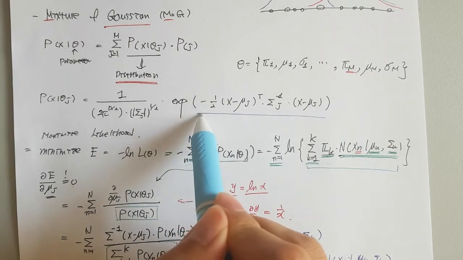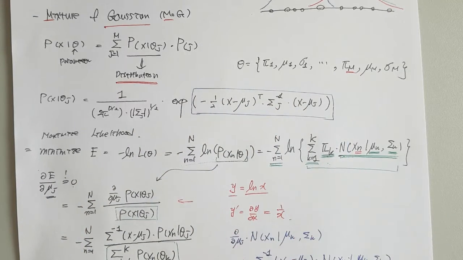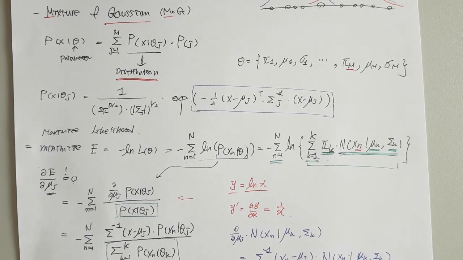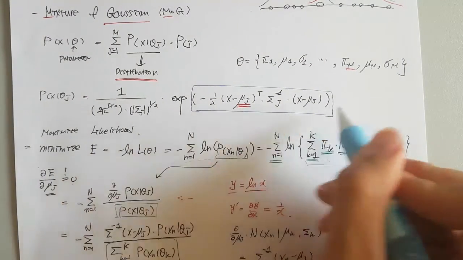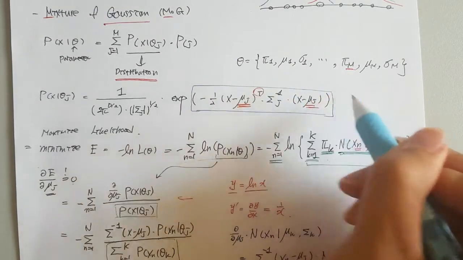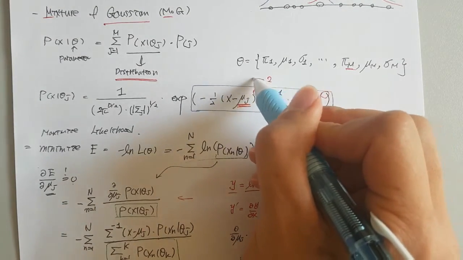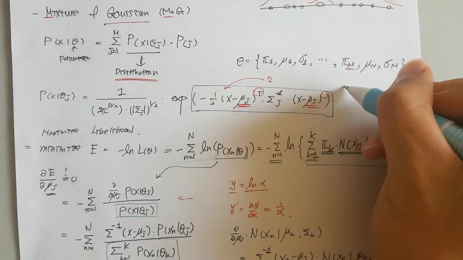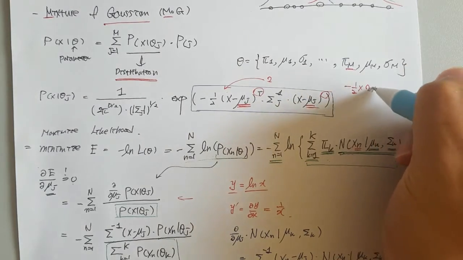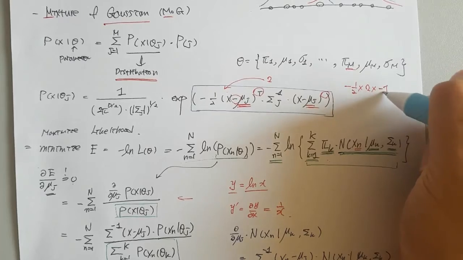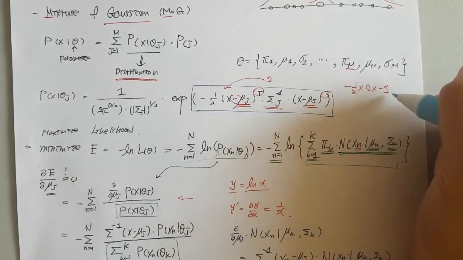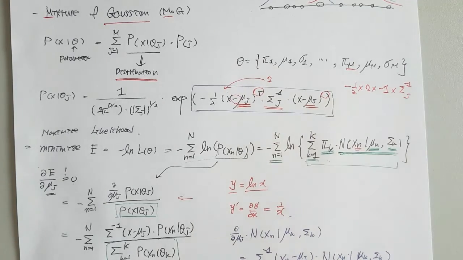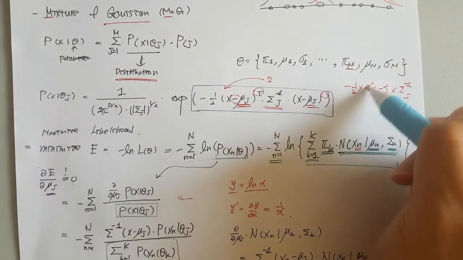This is the equation of normal distribution, and because mu j is in a squared term, the 2 comes outside and is multiplied, and here is a minus, so minus 1, and this is also a coefficient, so multiply the inverse of the variance, which cancels out.